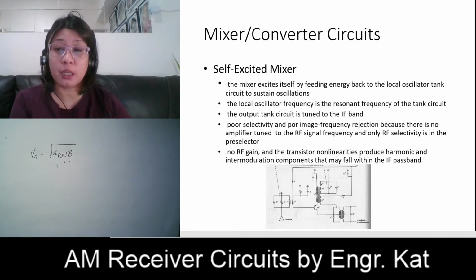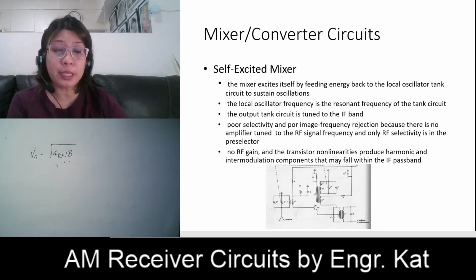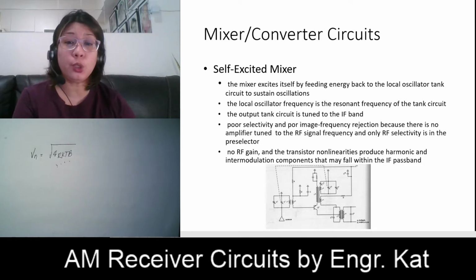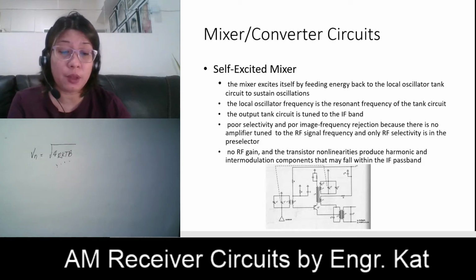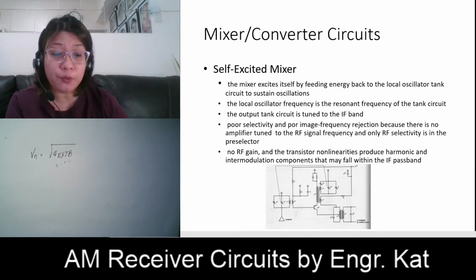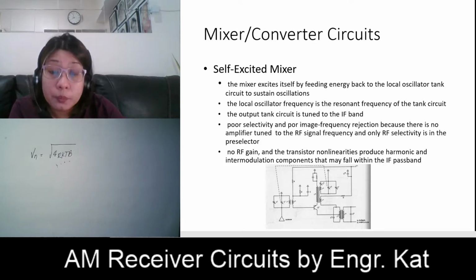The RF signals coming from the antenna are filtered by your pre-selector, that is the tuned circuit combination of our L1 and C1. That is transformer coupled to the base of Q1. Q1 is our active device.